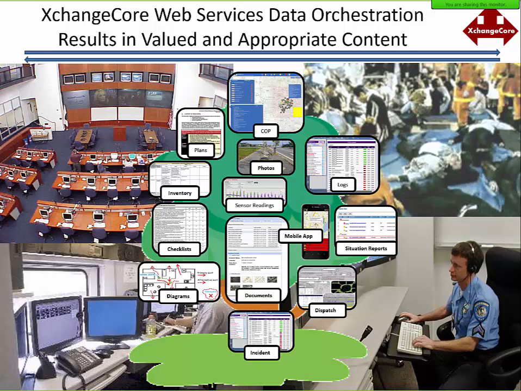The result is I have all that valuable information orchestrated together, viewable from an on-scene activity in the upper right-hand corner, to dispatch down the bottom right-hand corner, to the bottom left-hand corner, my on-scene command, up to a state emergency operations center.